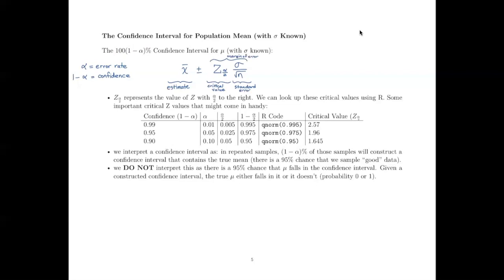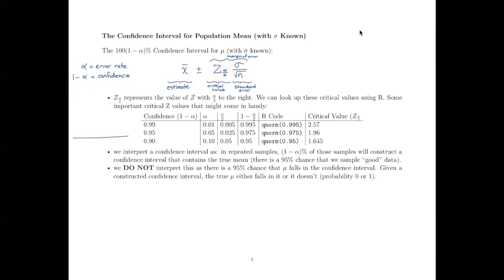So let's go back to talking about that piece I kind of skipped over, this z alpha over 2. So z alpha over 2 represents the value of the standard normal z distribution with alpha over 2 to the right. It would probably help if I drew you a picture.